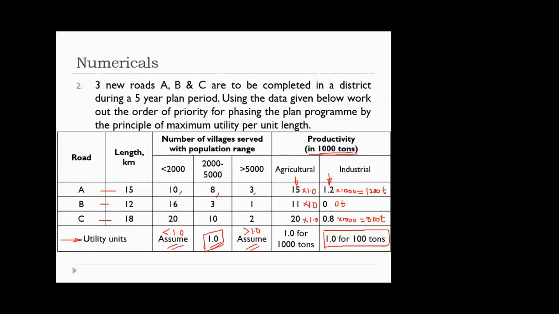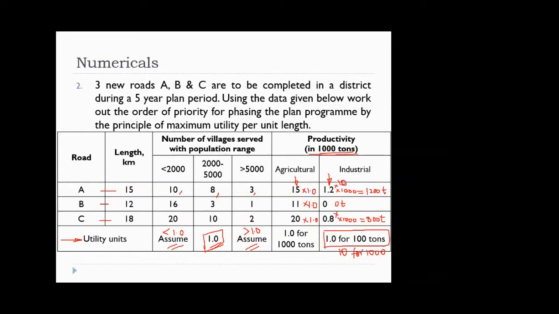So what I'm saying is, suppose you decide to keep it 1.2 as it is. Then you have to multiply this by 10 so that your utility becomes 10. That 10 will be for 10,000 tons. And then you can multiply this 1.2 with 10.